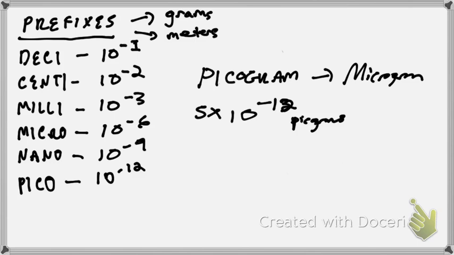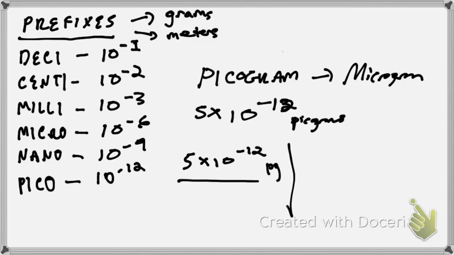How would we do this? Well, let's first set that up. 5 times 10 to the negative 12 picograms, and then from there we are going to break this down.